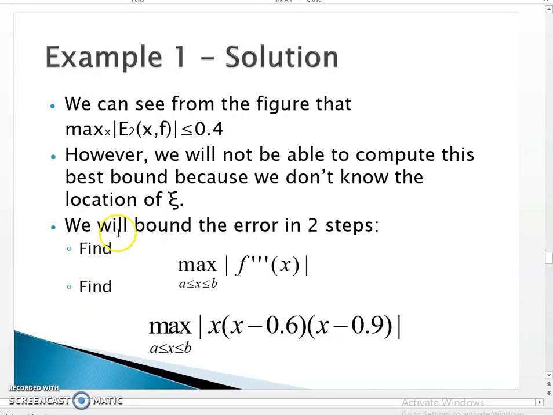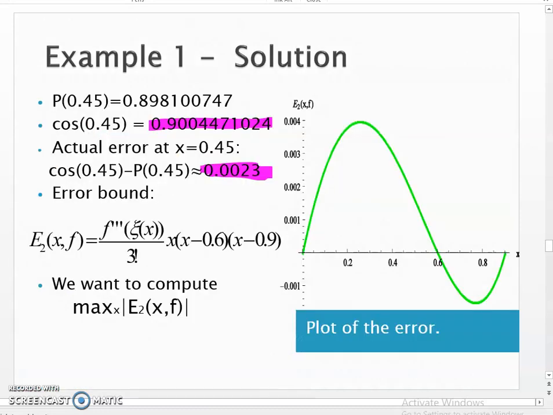If we observe from the previous graph, we can note that the maximum error is less than or equal to 0.4. As indicated in this graph, it is less than or equal to 0.4 because you can see this graph shows the error to be at 0.6.